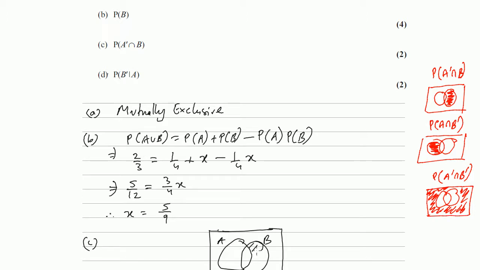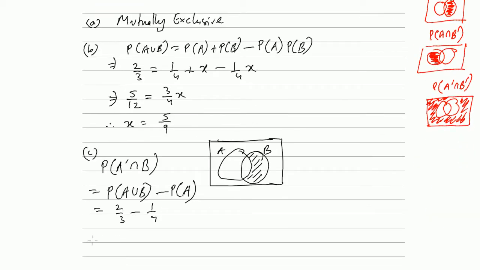From A union B, if we remove the circle A, we can easily find this shaded region. So probability of A prime intersection B equals probability of A union B, which means this entire region, minus probability of A. So 2 by 3 minus 1 by 4 gives 5 by 12.